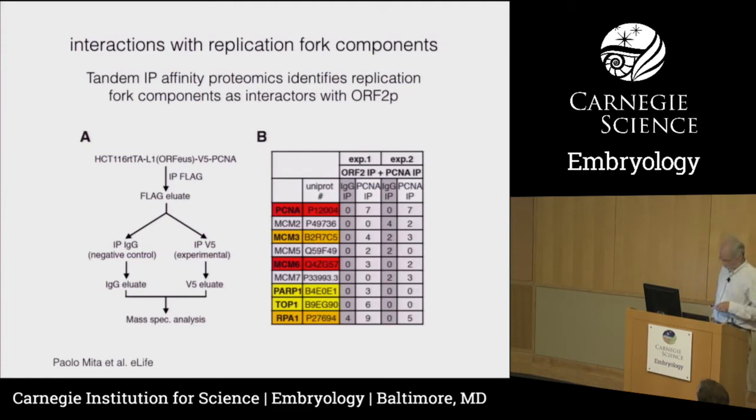And so we used a flag-tagged ORF2 and compared the pull down of ORF2 IP followed by a PCNA IP, and we of course pulled down PCNA, but we also pulled down a number of other replication fork components.